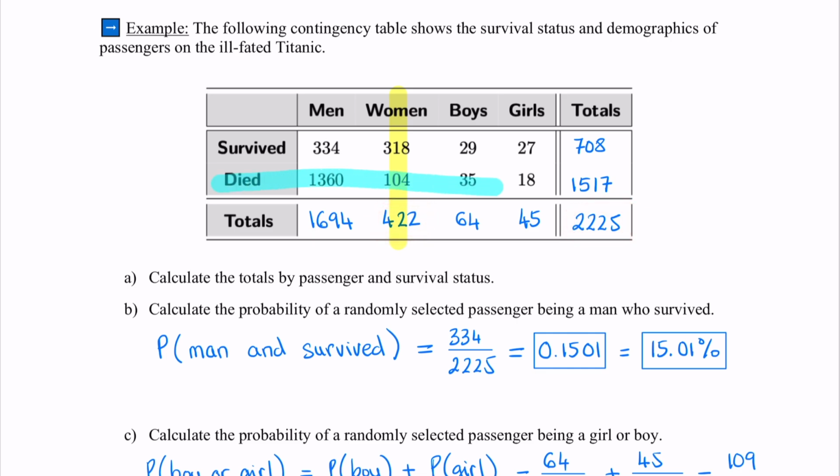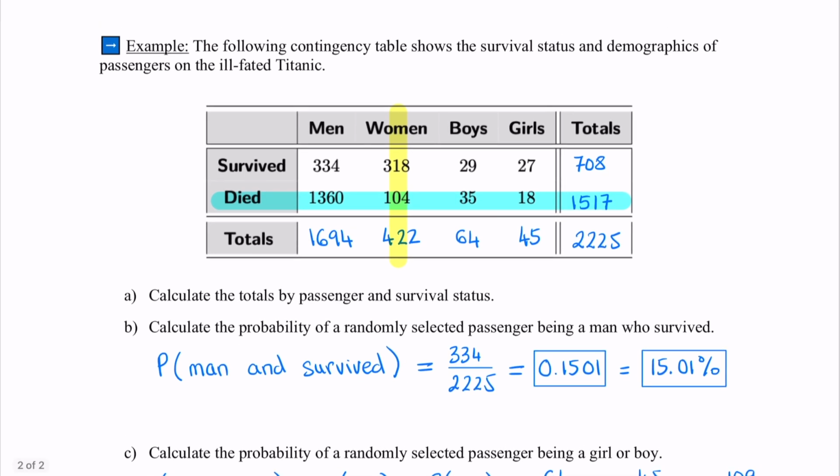There is a total of 1,517 deaths. So probability of having died is 1517 divided by 2225. And there are 104 women who died. So the probability of being a woman and died is 104 divided by 2225.